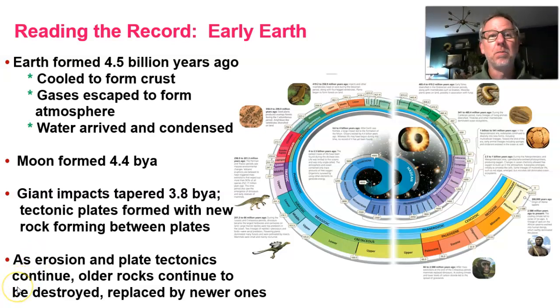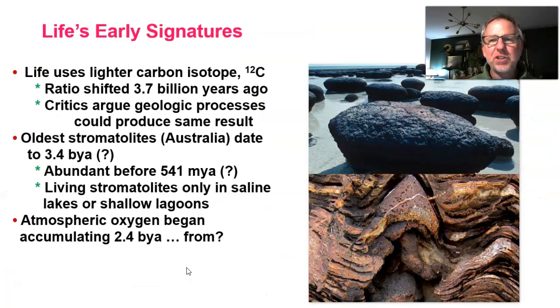So let's continue with our quick summary of Earth's history. Life's early signatures. What is some of the earliest evidence we have for life on Earth? Now, life uses a lighter carbon isotope, carbon-12, and so that's one signature that we potentially can get from molecules.